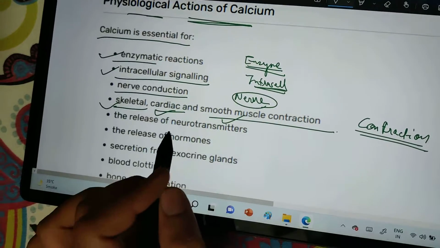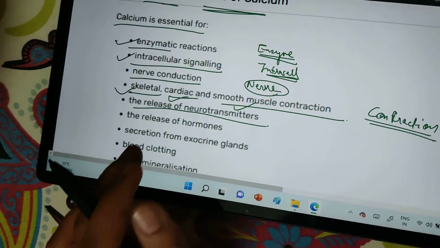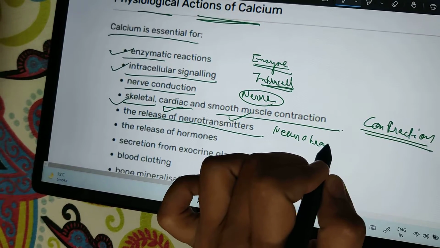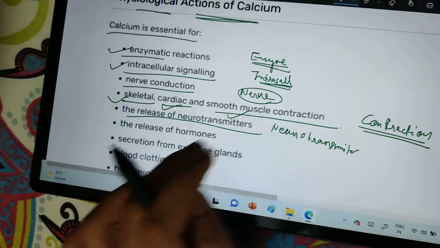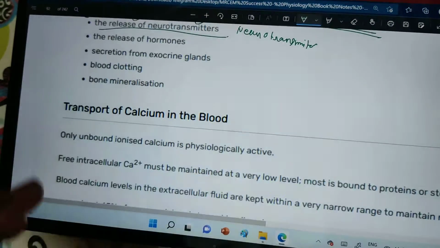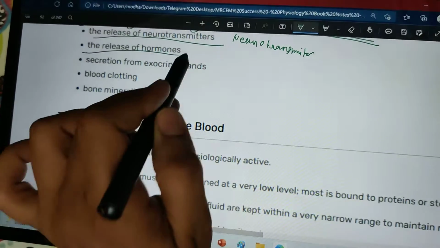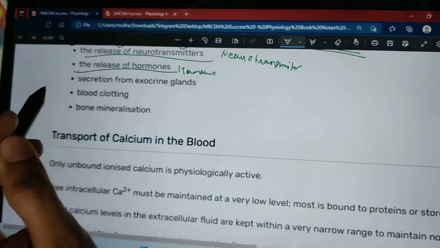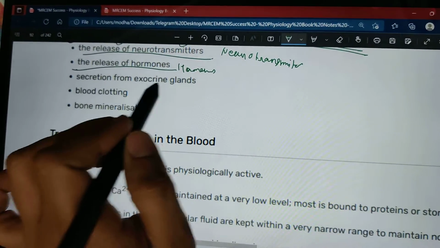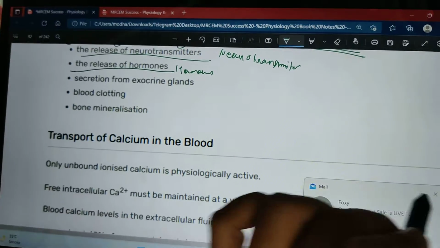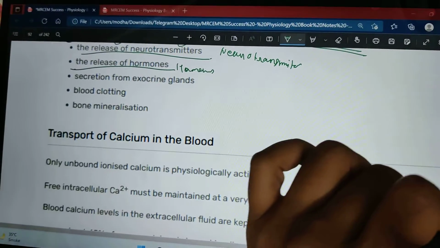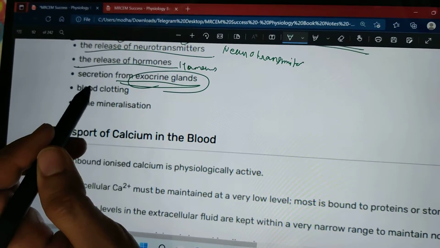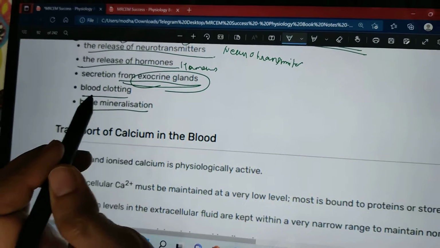The release of neurotransmitter, then the release of hormones, then secretion from the exocrine gland, blood clotting and bone mineralization.